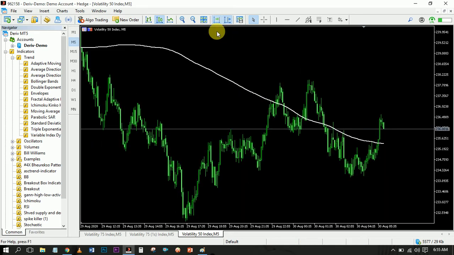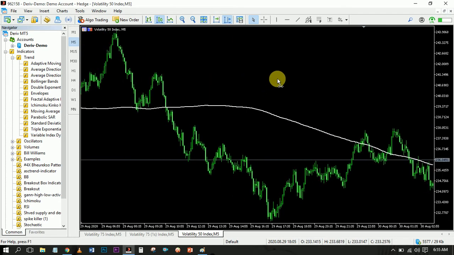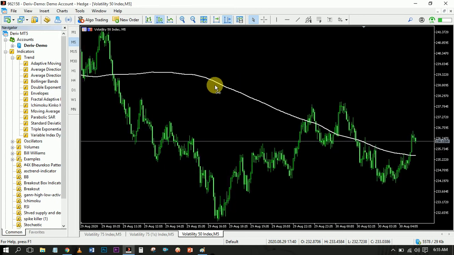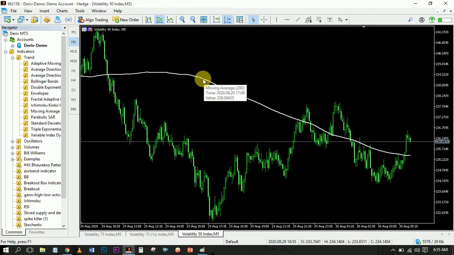The 200 MA is your best bet, because your 200 moving average means that 200 candles have been calculated and given their average.